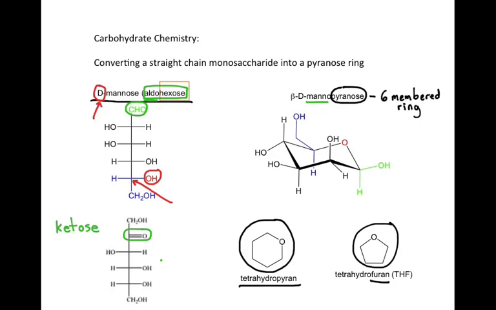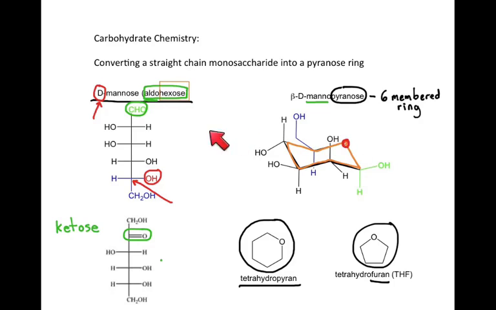So if we look at our structure here, I'm going to highlight our ring in orange. Here we can see that this is a chair. Here is our oxygen atom. So again, we have our 6-membered ring, 1, 2, 3, 4, 5, 6, where one of the atoms is an oxygen.